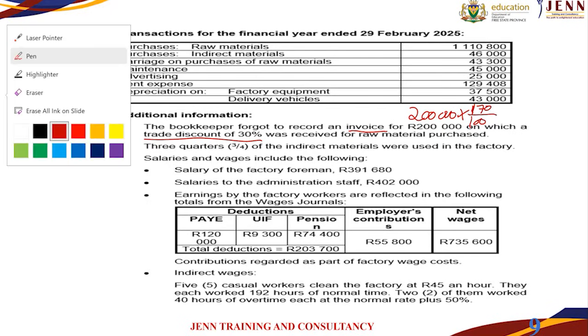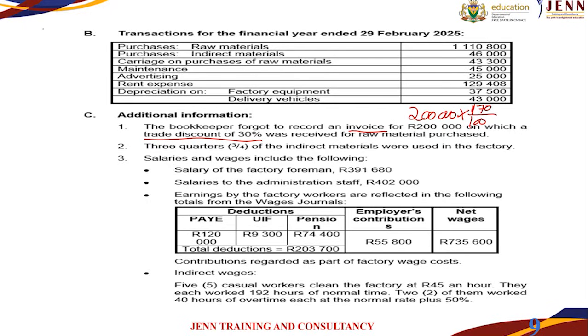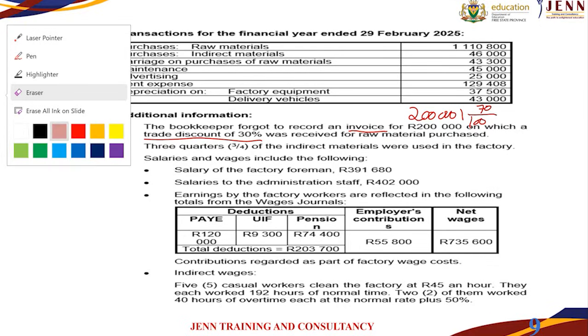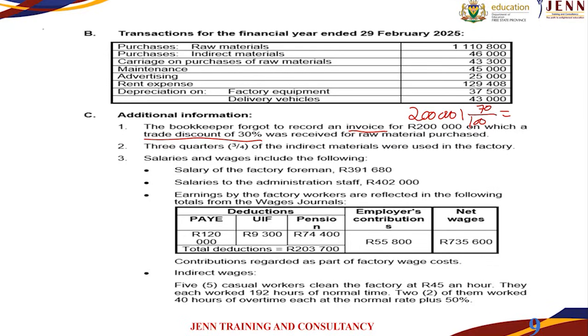200,000 multiplied by 70 over 100 is going to give us 140,000.